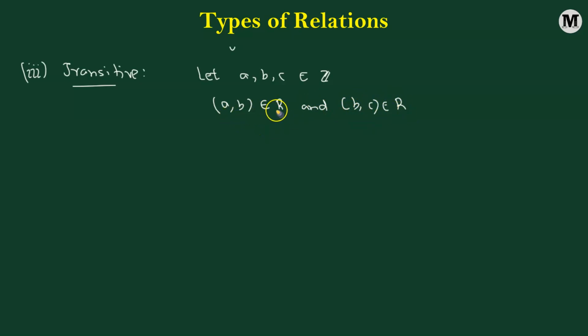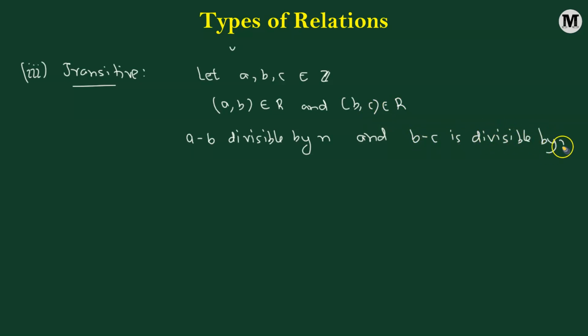A comma B belonging to the relation R simply means that we have A minus B divisible by N, and B comma C belonging to R simply means that B minus C is divisible by N as well.